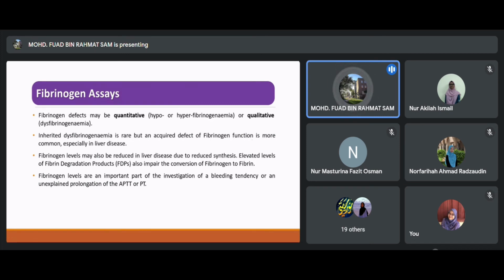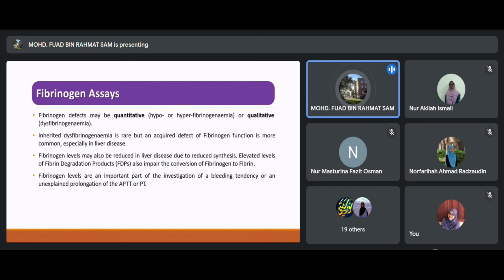So inherited dysfibrinogenemia is rare, but an acquired defect of fibrinogen function is more common, especially in liver disease. The fibrinogen levels may also be reduced in liver disease due to reduced synthesis, and elevated levels of fibrin degradation products, FDP, also impair the conversion of fibrinogen to fibrin.